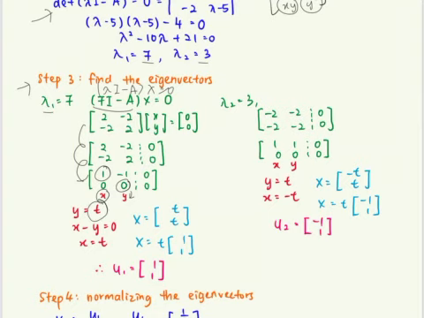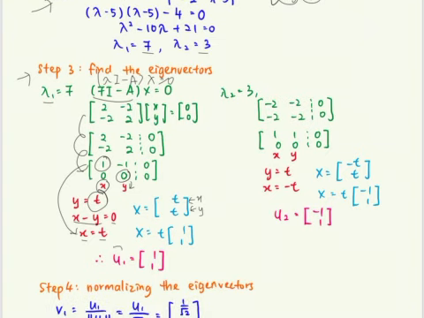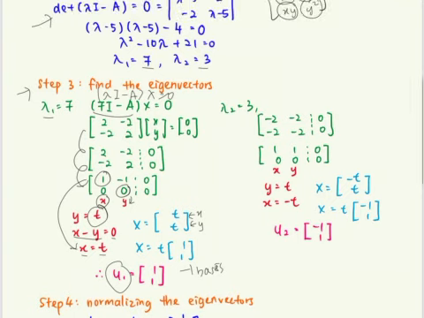In this case, I just express this as a free variable t. From the first equation, x minus y equals 0, so x equals y equals t. So the x vector corresponding to x and y: x is t, y is t, and you factor out the t. So this u1 will be the first basis for this matrix.